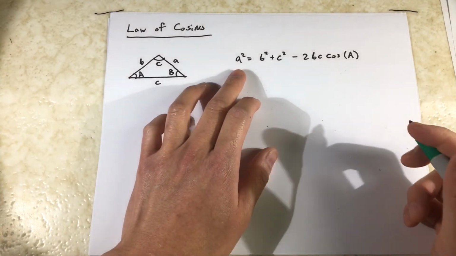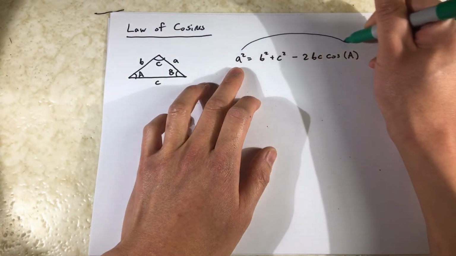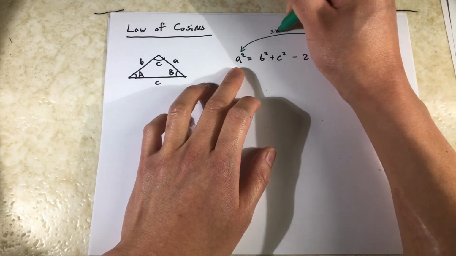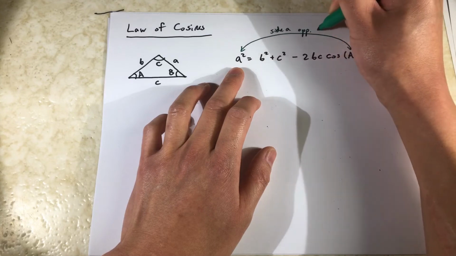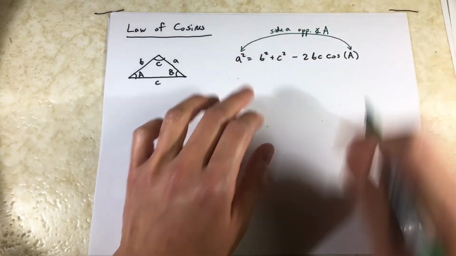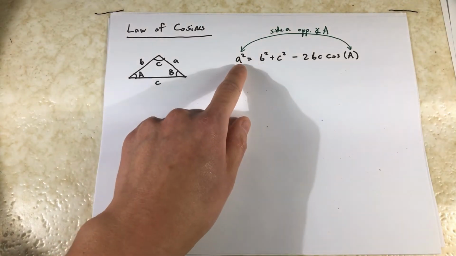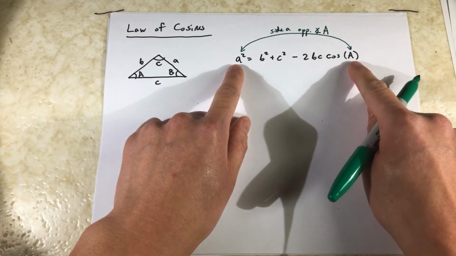But one of the things to mention here is that side A is opposite angle A. So if you have this side, it should correspond to its opposite angle, A and A, all right?